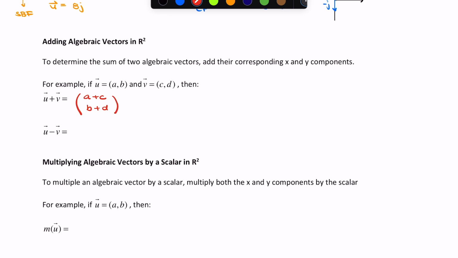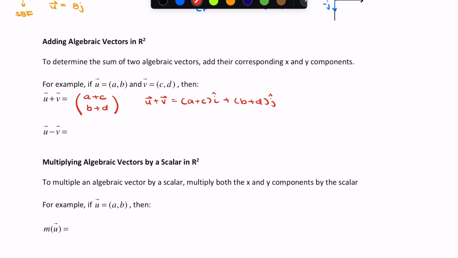Therefore, in standard basis form, vector u plus vector v is equal to (a plus c) times the unit vector i plus (b plus d) times the unit vector j.